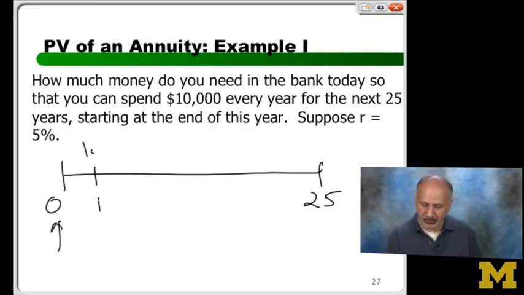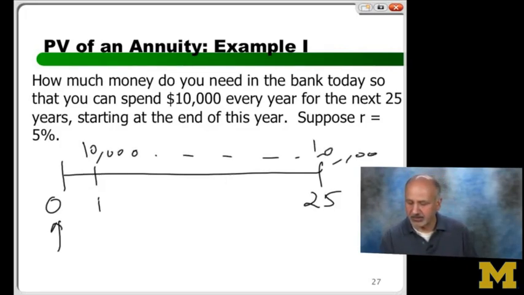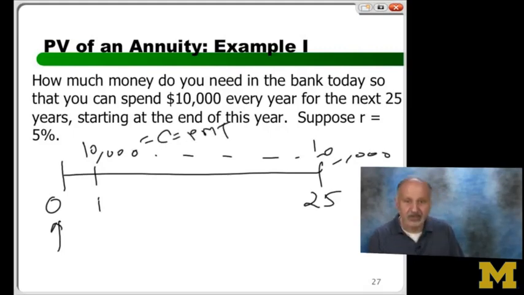I know that I need $10,000 25 times, right? So this to me is C or PMT. So I know PMT. But what do I want to figure out?